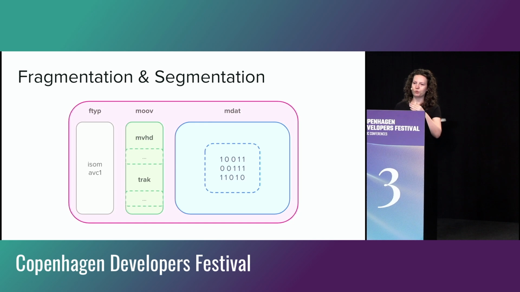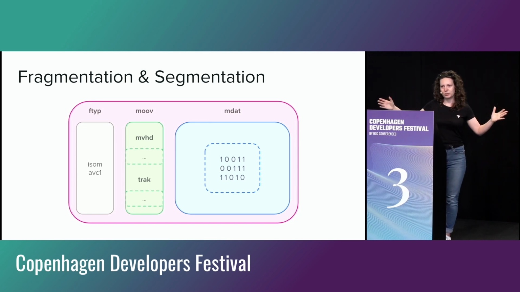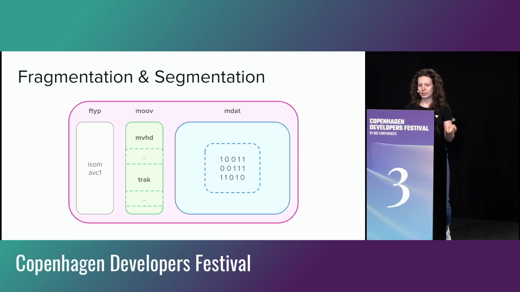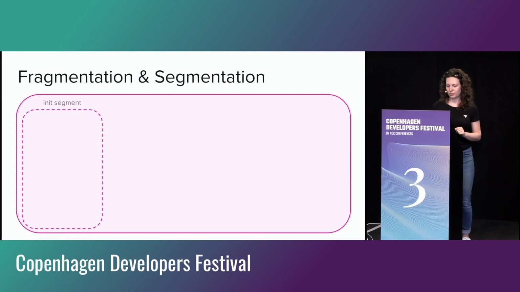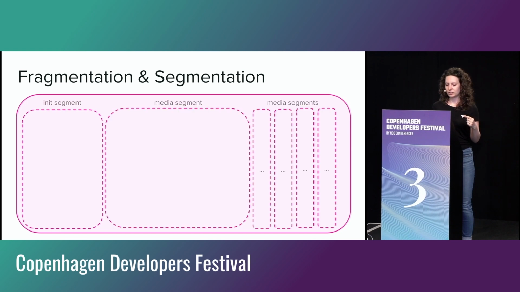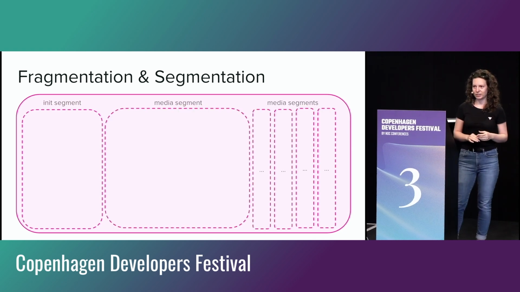And then if we decide to fragment it, because we have to somehow split the file into multiple pieces, there are some intermediate steps to it. So if we decide to fragment it, we'll notice some big differences in the structure. The first difference is that we'll get an init segment and a bunch of media segments.